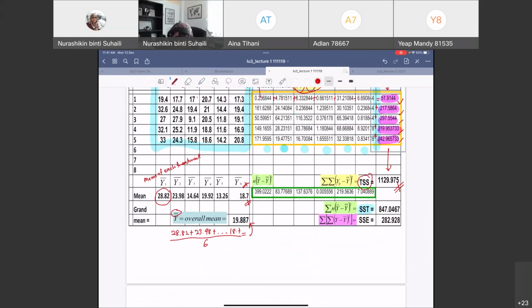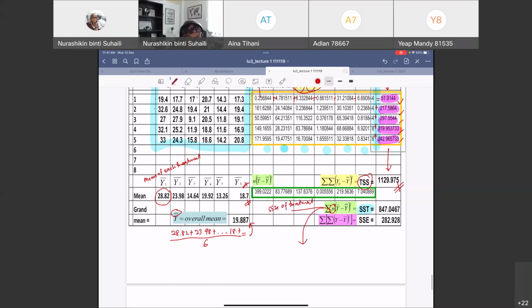Summation of n multiplied by y bar minus overall mean square. So how to solve this actually is summation n. So n is 30. N here is referring to the size of the treatments, which is 5.